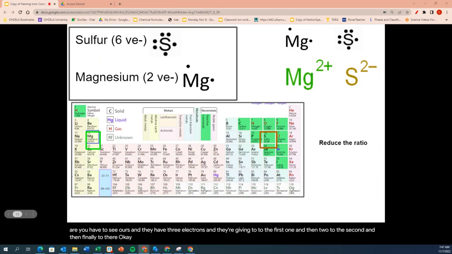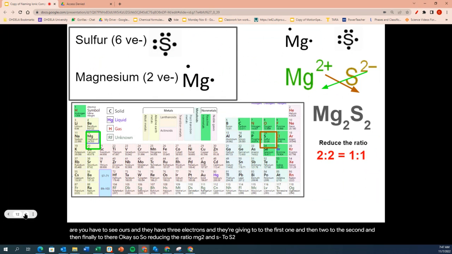Okay, so reducing the ratio, Mg2 and S2, Mg2S2. Reduce the ratio, 2-to-2 is the same as 1-to-1. So we get MgS.